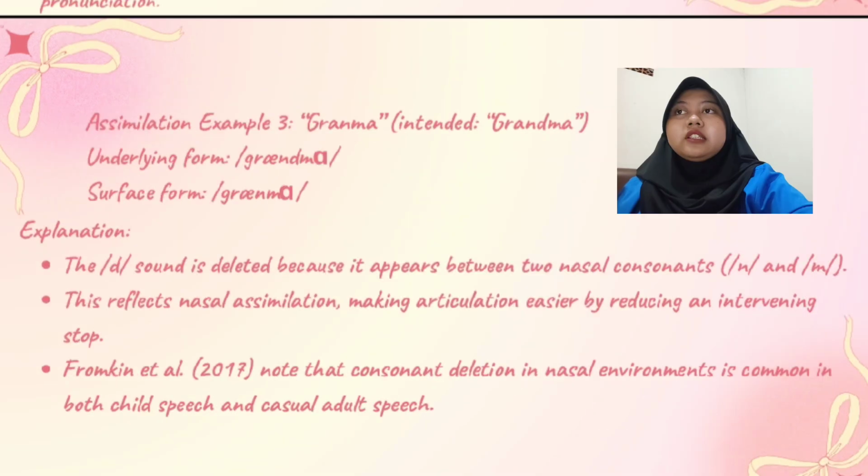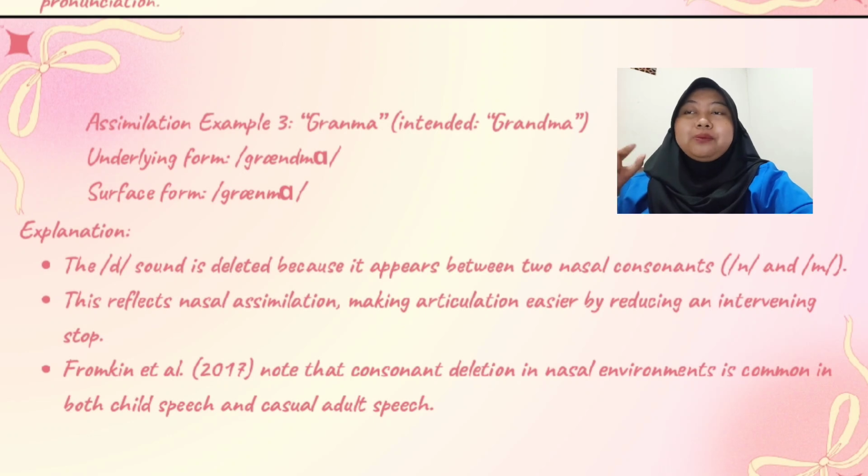Alright, next, assimilation example 3: grandma. Intended: grandmother. Underlying form: grandma. Surface form: grandma. The 'd' sound is deleted because it appears between two nasal consonants, 'n' and 'm'.